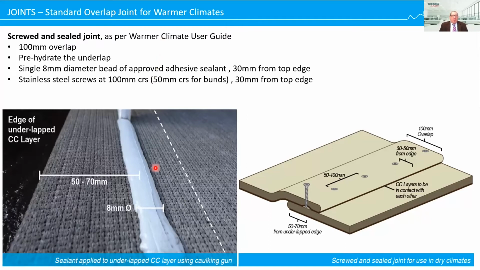We apply a single bead of adhesive sealant, 30mm from the edge, and then we put stainless steel screws at 100mm centers, as you've got here, for typical applications, and they're installed 30mm from the edge. For bund applications, we can get a lot of swirling on the inside of the bund, so our technical department has advised to shorten that spacing to 50mm screws on the inside of bunds.